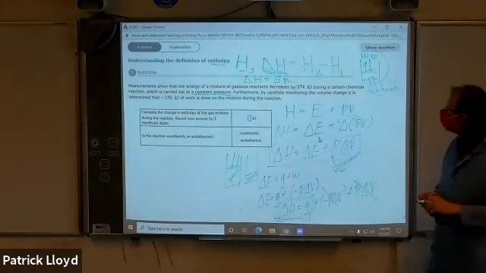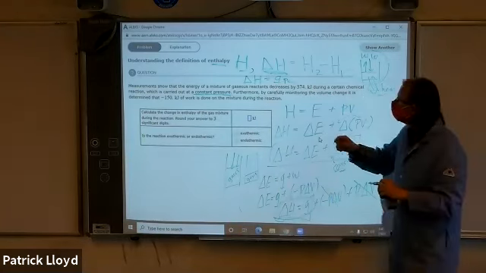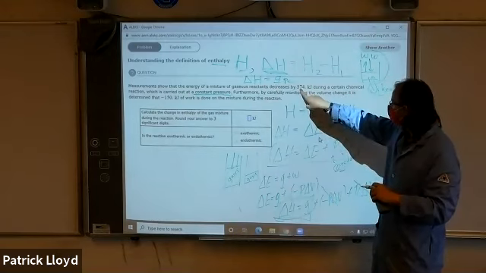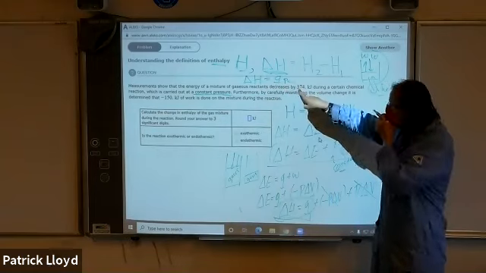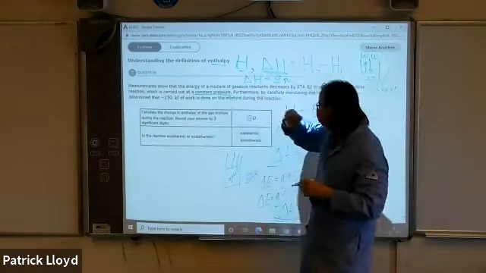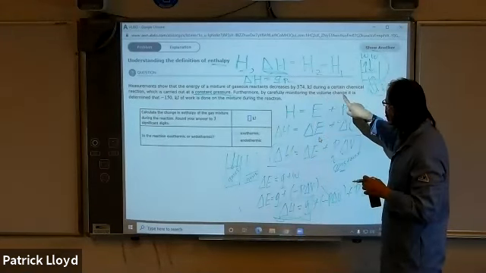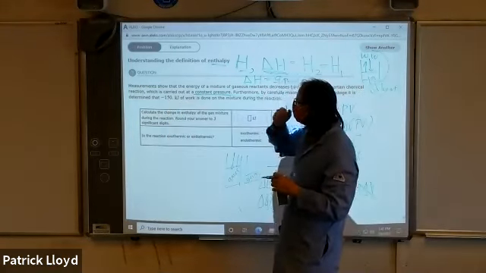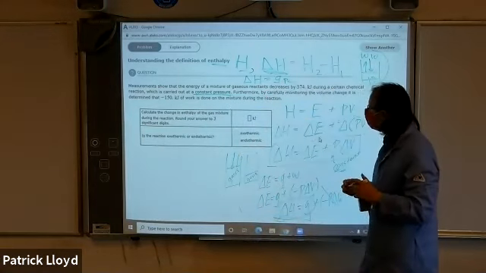Measurements show that the energy of a mixture of gaseous reactants decreases by 374 kilojoules, that means it's a negative change, right? During a certain chemical reaction at constant pressure. With careful monitoring of the volume change, it is determined that negative 150 kilojoules of work is done on the mixture during the reaction.